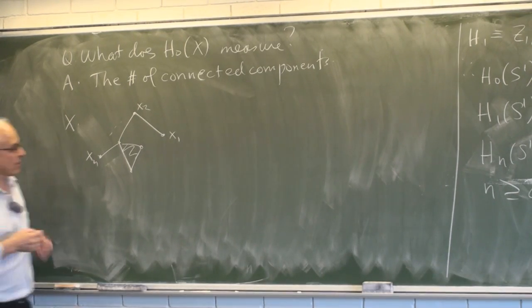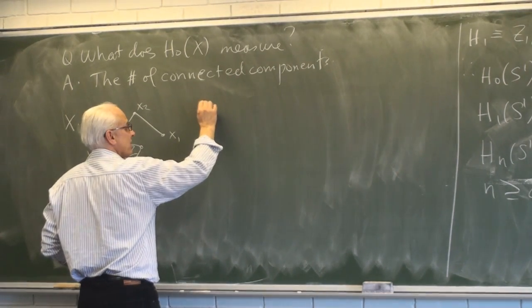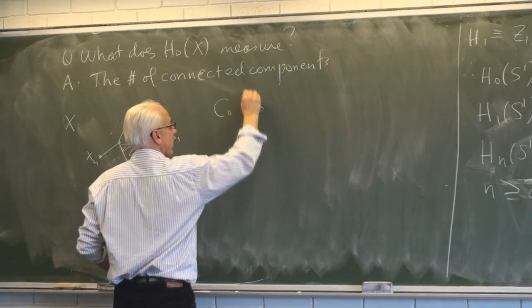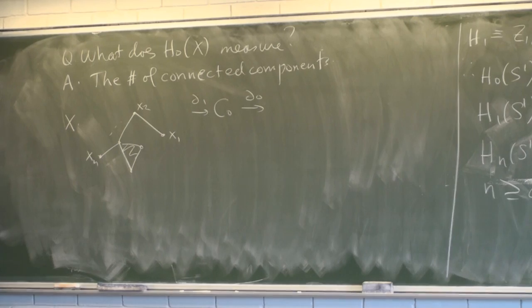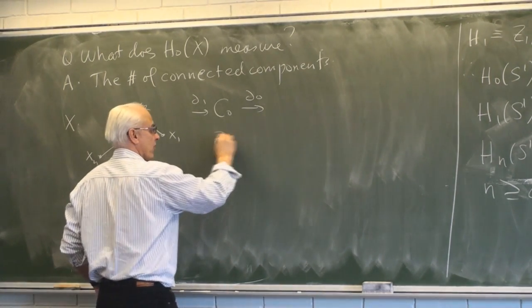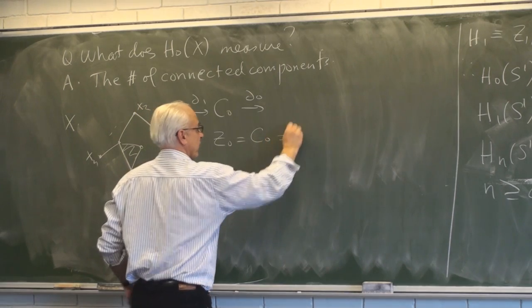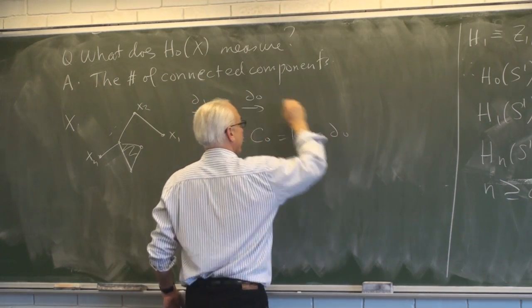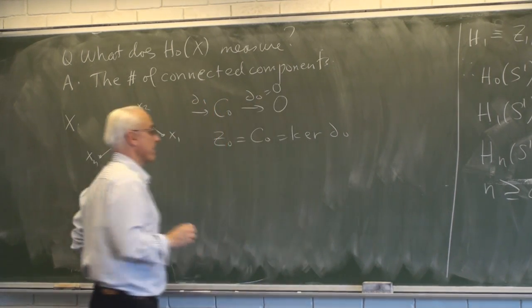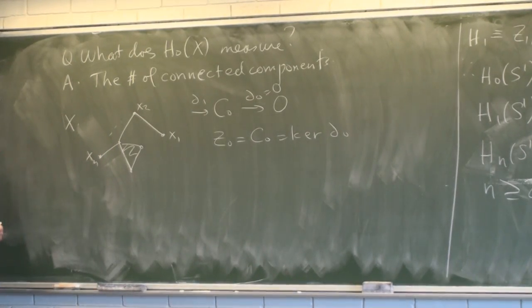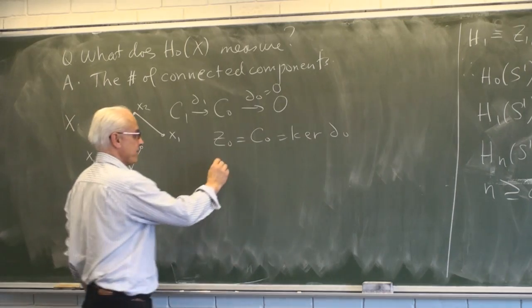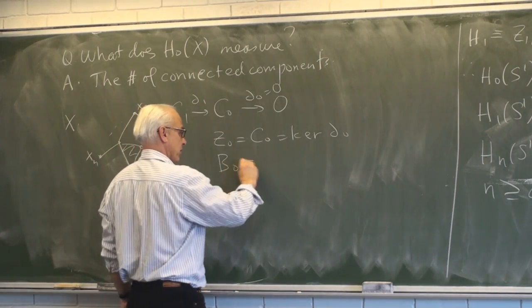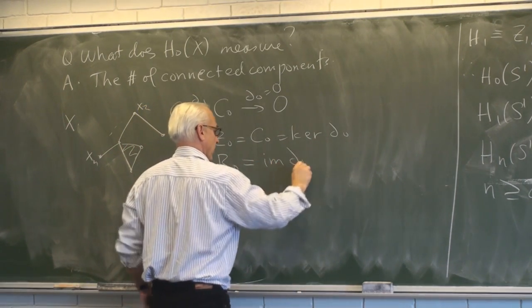If it's all connected, then when we look at C0 and we look at the cycles, the cycles will just be all of C0 because that's the kernel of del 0. It's the 0 map. The question is, what is the boundary? The image, B0, which is the image of del 1.